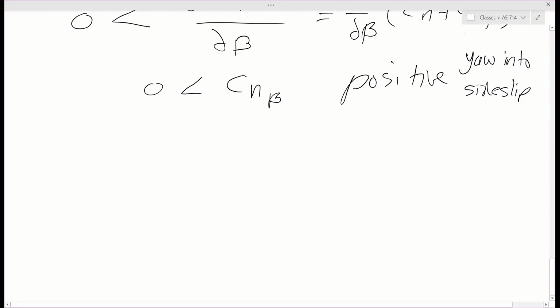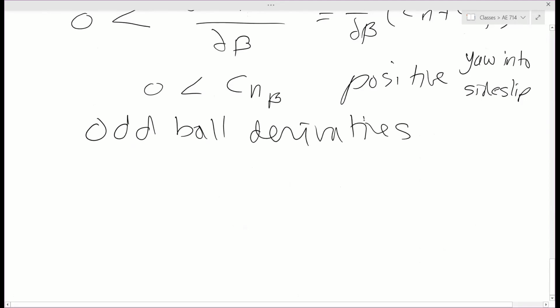So there are two oddball derivatives, because they don't fit into that kind of normal definition.